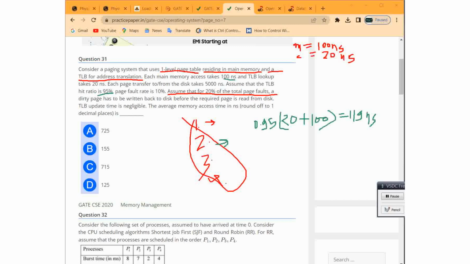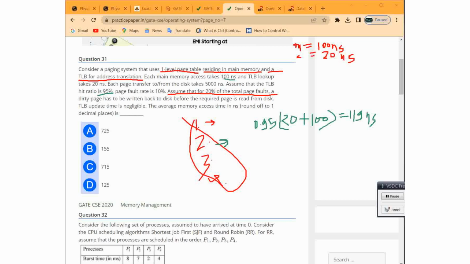We also need to perform the memory access, which takes another 100 nanoseconds. Because the page table also resides in main memory, we have to access main memory 2 times. Finally, we need to update the TLB with the new page table entry, which takes negligible time.